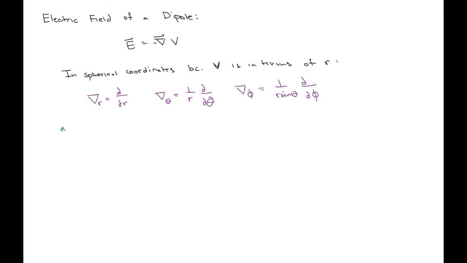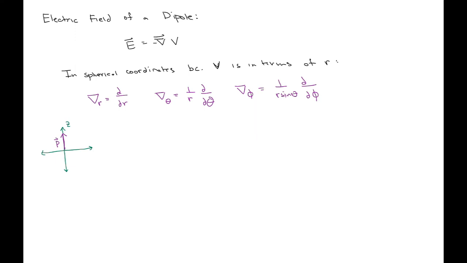Okay, so let's figure out what we need to do to take the gradient here of our potential in spherical coordinates. When I solved the problem before, I made it nice and I had the dipole aligned with the z direction, so I'm going to do that again. So this will be my z direction. And again, I can pick whatever coordinate system I want, just like any other problem. So this just makes my life easier. That's my dipole moment. I'll use a different color.